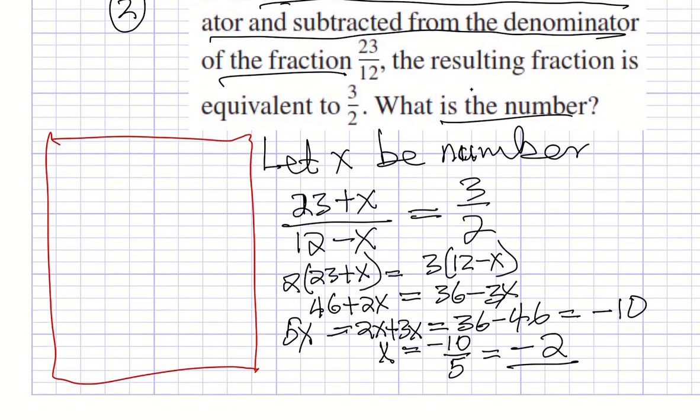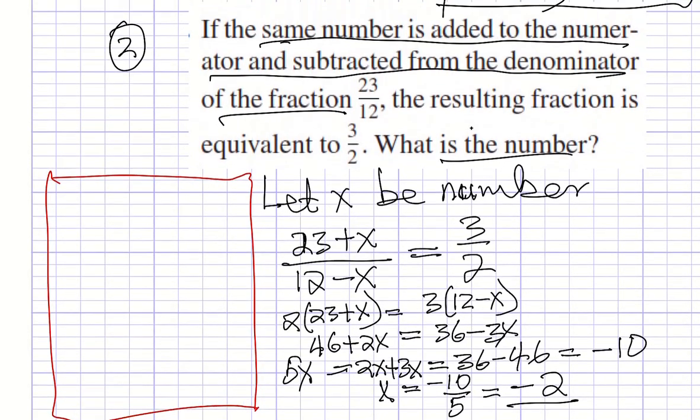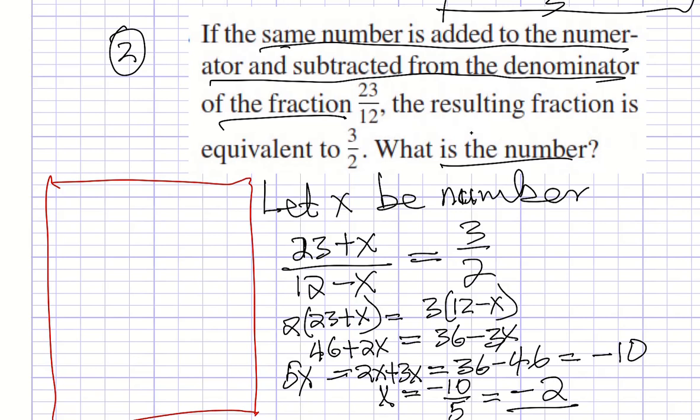x is negative 2. You say if the same number is added to the numerator, so 23 plus negative 2, because that's what you're doing. You're adding negative 2, and then subtracted from the denominator. The denominator is 12.